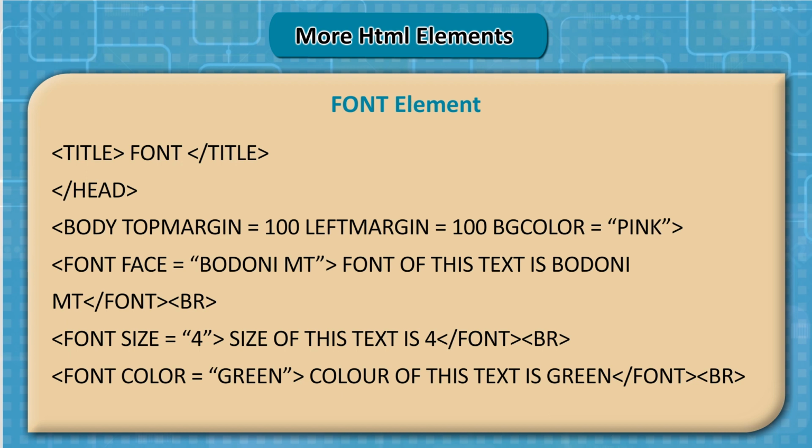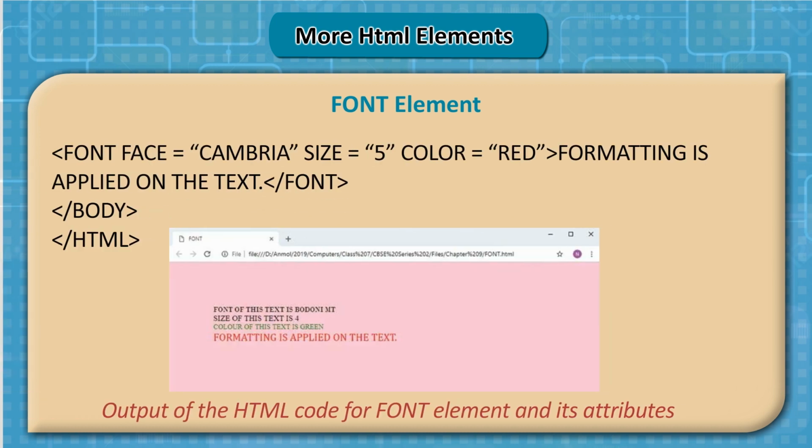Font size 4, size of this text is 4 /font, br. Font color green, color of this text is green /font, br. Font face Cambria, size 5, color red, formatting is applied on the text. /font. /body. /HTML. Output of the HTML code for font element and its attributes.